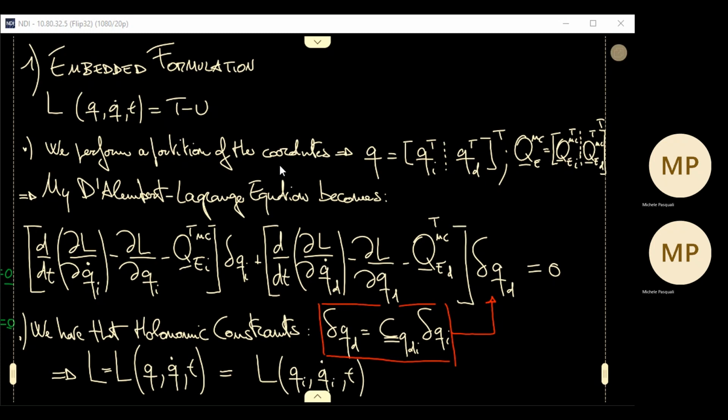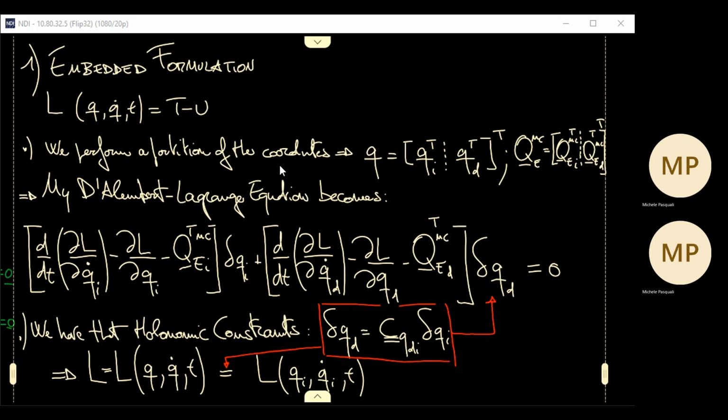It means that if the dependent coordinates can be written in terms of the independent ones, then the functional dependence of this Lagrangian function, there is an I here, can be rewritten like that. Is this clear? Okay, is this clear?